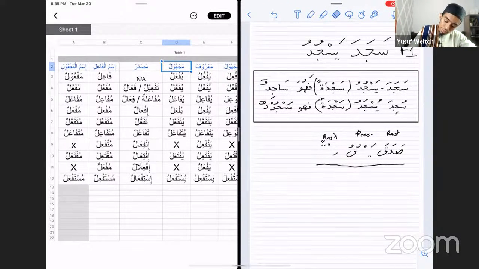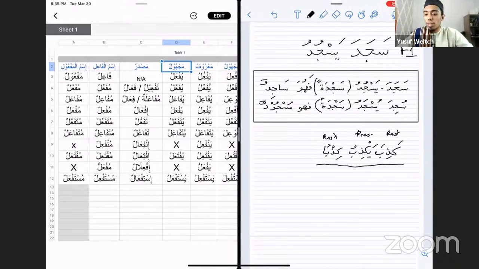Let's try the same thing with another word. Who else would like to go?